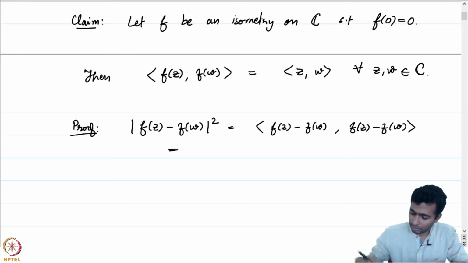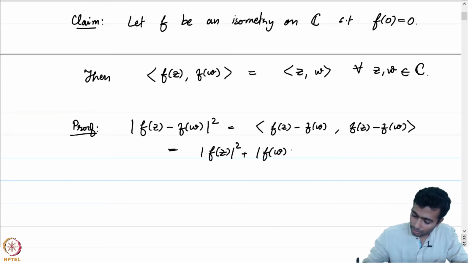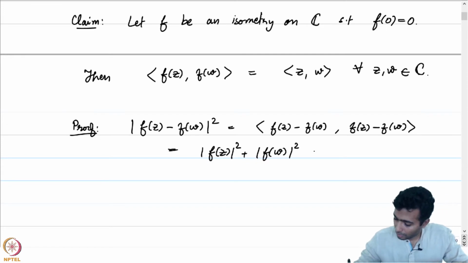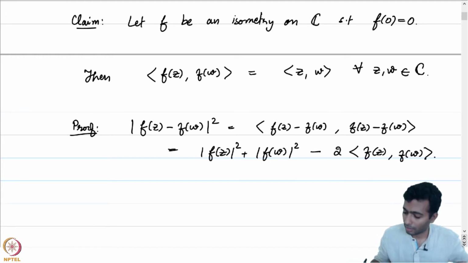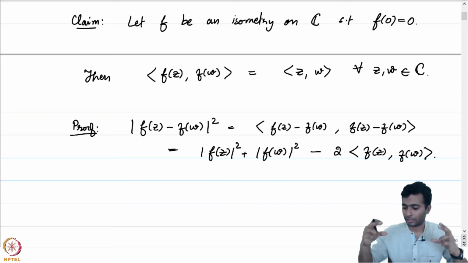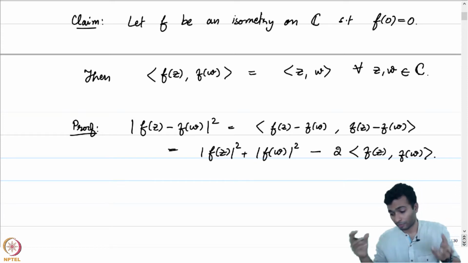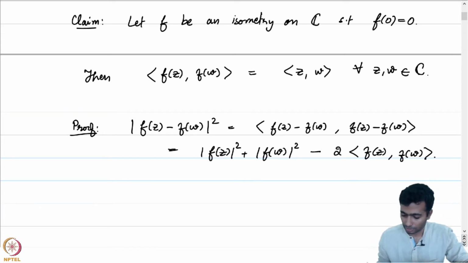And I'll just immediately write it as the absolute value of f of z square plus the absolute value of f of w square minus 2 times the inner product of f of z, f of w. Recall that this is a real inner product space, and therefore the inner product of f of z and f of w is the same as the inner product of f of w and f of z. That's where the minus 2 has come up.